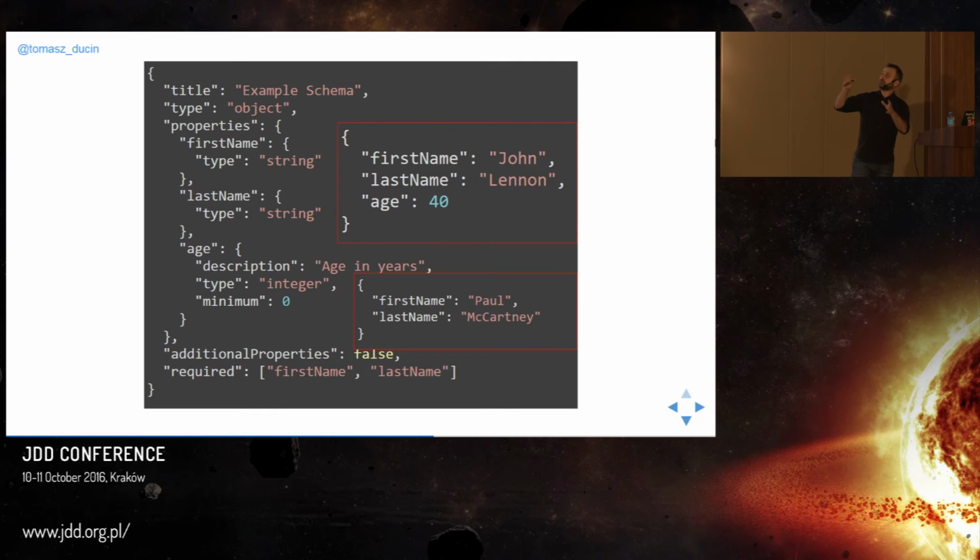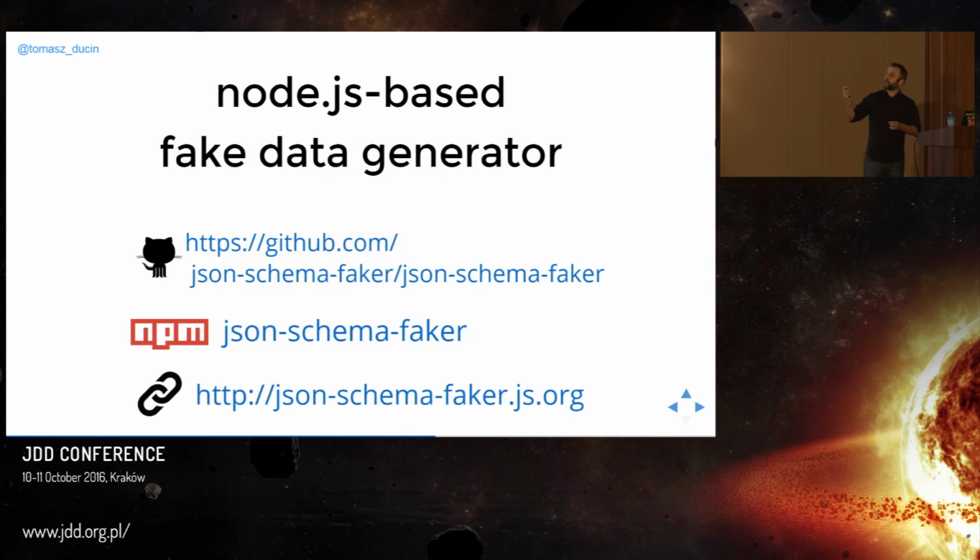So you can use many kinds of extensions to specify whatever kind of JSON documents you want. And there is a tool that you might use to generate massive amounts of fake data.